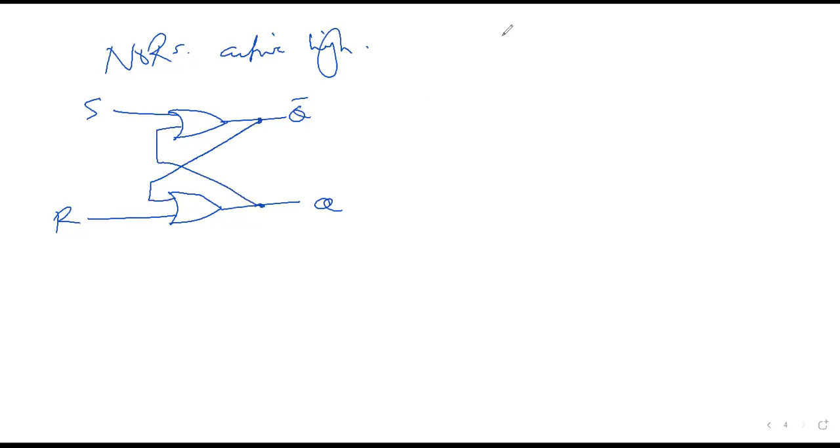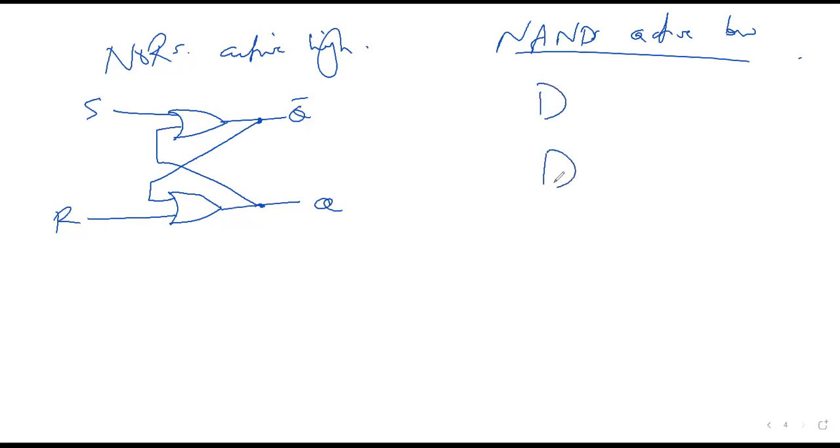Right. This is NORs, active high. This is NANDs, active low. Let me start by doing this. Only 2 NANDs. We have Q bar, and this is where the active low and active high comes from.